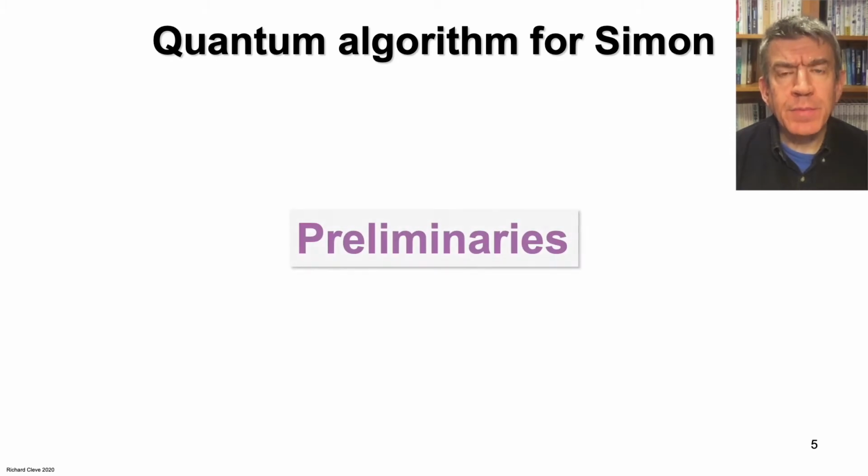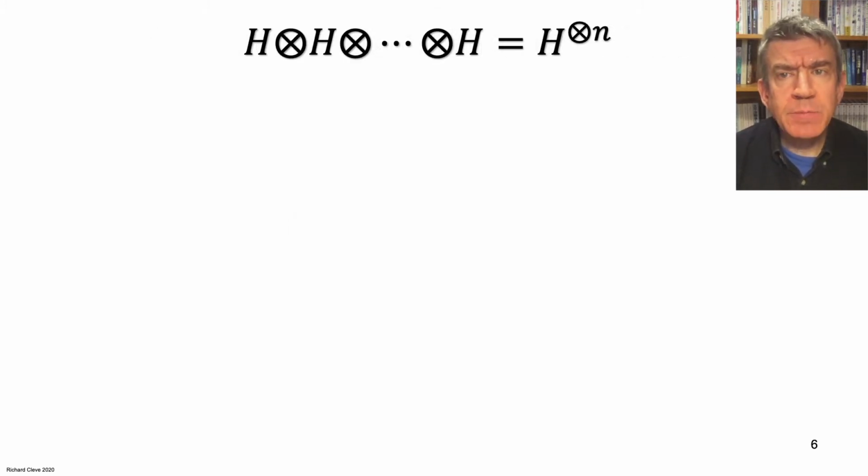Before looking at the algorithm, there are some preliminaries about a way of viewing the set of n-bit binary strings that I want to explain. To start with, let's look at what performing a Hadamard transform on each of n qubits does to the computational basis states. If all the qubits start in state ket 0, then the result is a tensor product of n ket plus states, which multiplies out to a uniformly weighted superposition of all the n-qubit computational basis states.